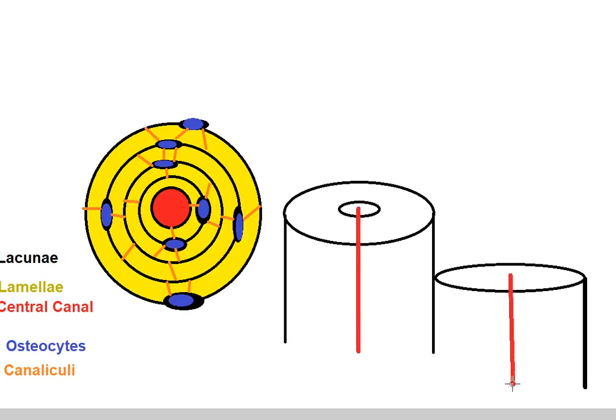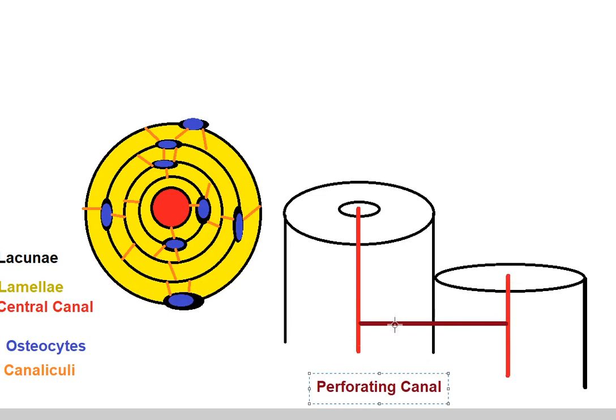You'll have another one here going straight down. Those are central canals, and then connecting them, going perpendicularly, is going to be our perforating canal. So I'm going to make that another color. It doesn't have to be, but I just want to differentiate it, right? They go perpendicular to the central canals. They're helping carry that blood supply into the bone and from one osteon to the next, right?